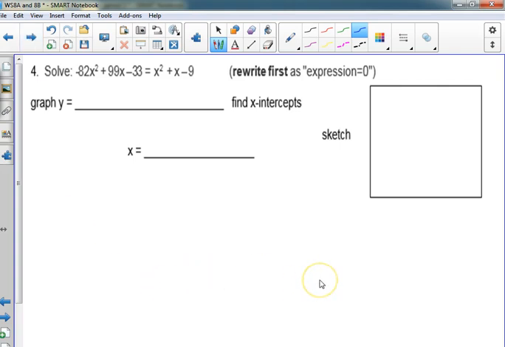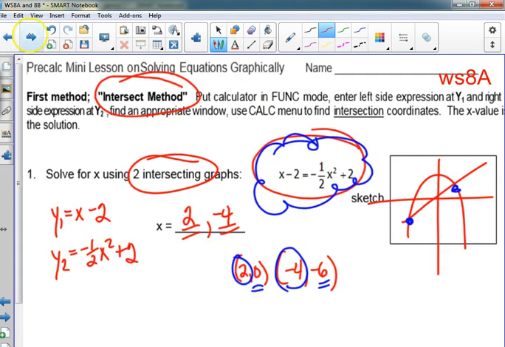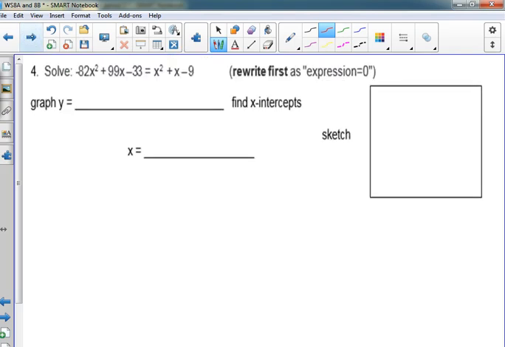Actually, let's do 4. Number 4 is looking mighty messy. If you want to do this by the method that they call the x-intercept method, you've got to get it to equal 0 first. So if I go down to number 4 and I don't want to find the intersection points, what do I need to do to make this equal to 0?